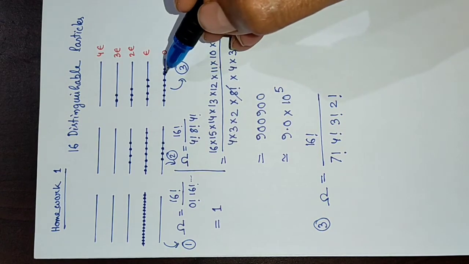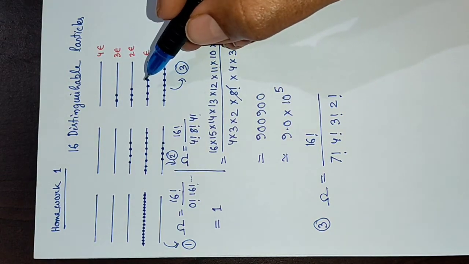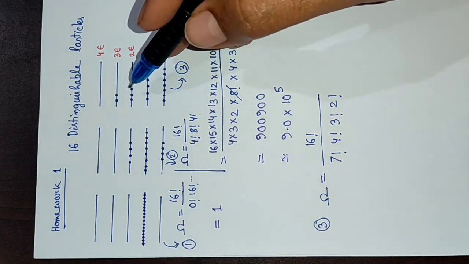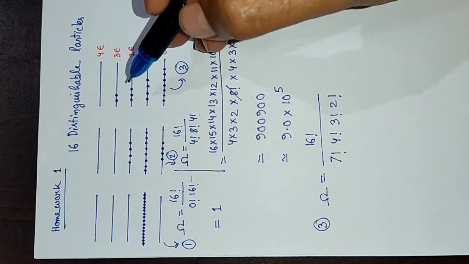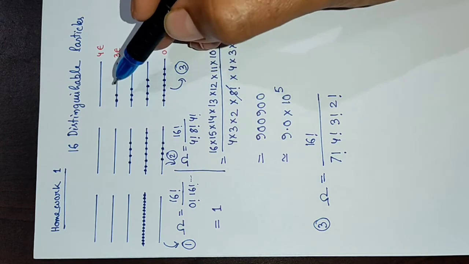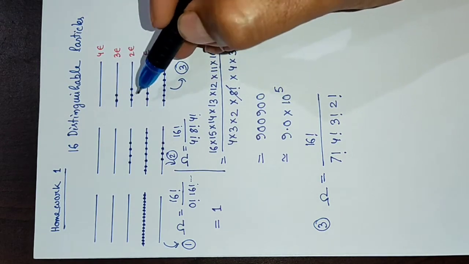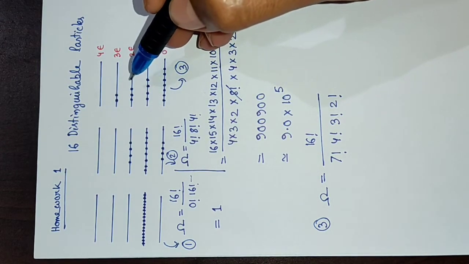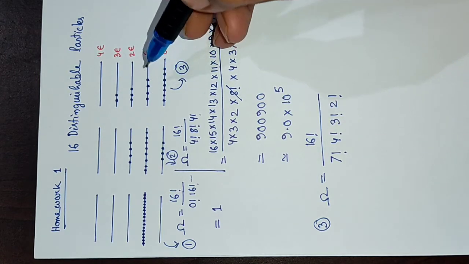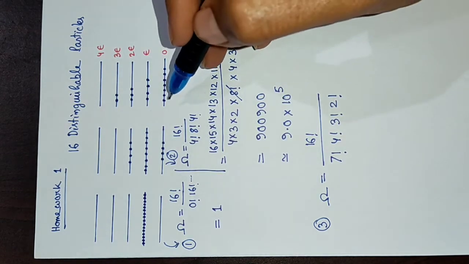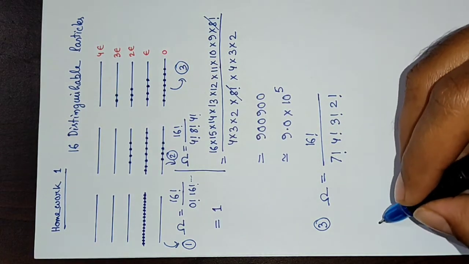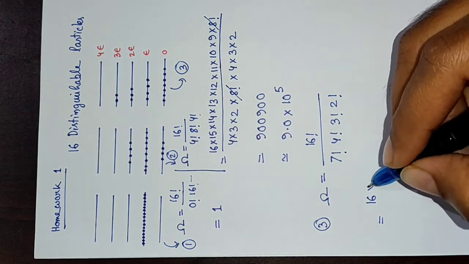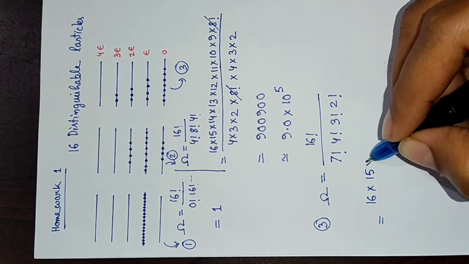So 7 plus 4, 11, 11 plus 3, 14, plus 2, 16. And to find the energy, we will multiply this by 3 and this by 2. So it will be 6, 6. 6 plus 6 equal to 12. And 12 and 4 is 16. And here these particles have energy 0. So here we write 16 into 15 into.